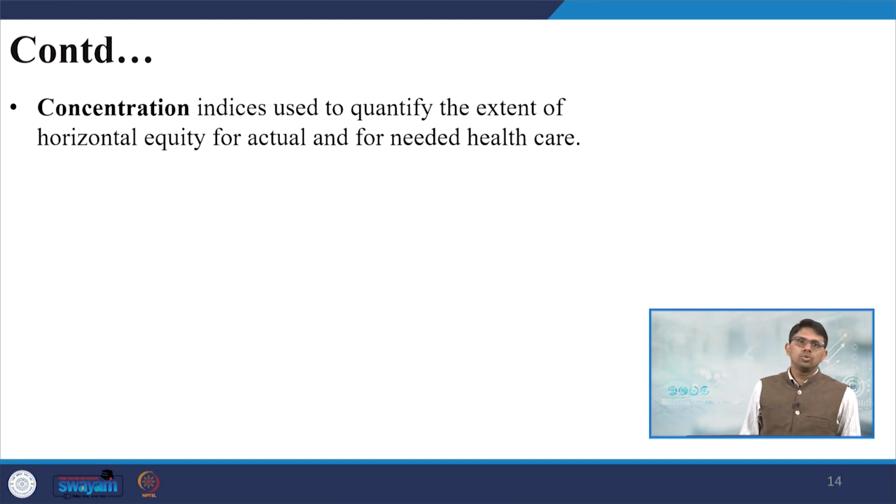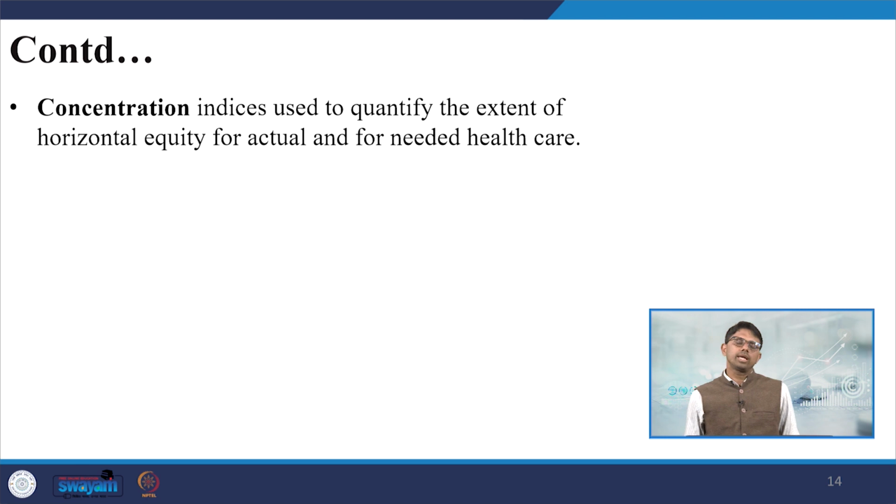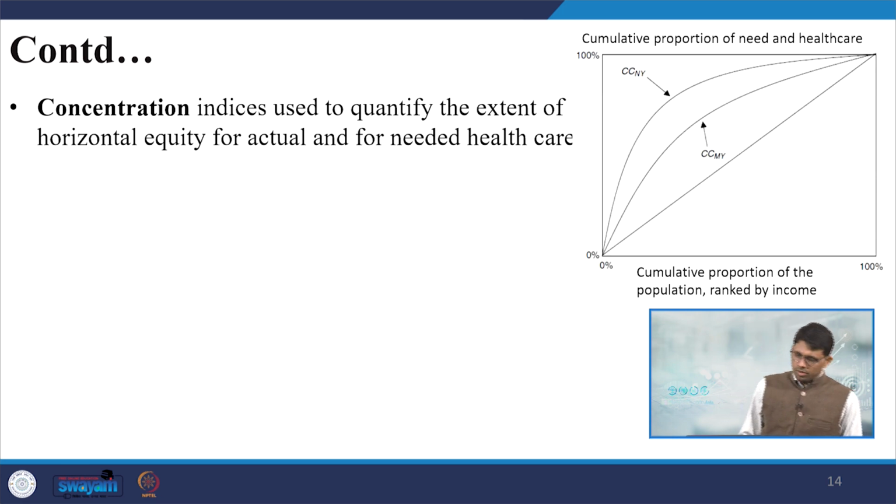Coming to the measurement of those inequities, we take the concentration indices, and that index quantifies the extent of horizontal equity for actual and for needed healthcare. Now the question is how actual and needed are defined. We will also give you practical handouts and hands-on experience in our next lecture.